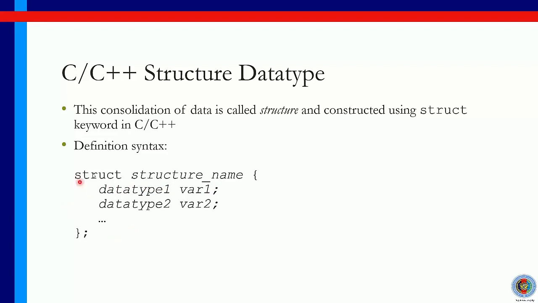So this is the syntax. The variable that we declare inside the structure is what we call member of the structure.